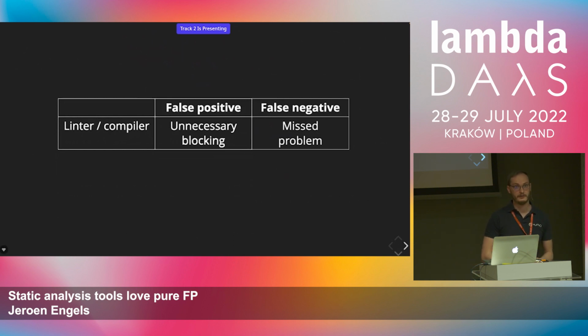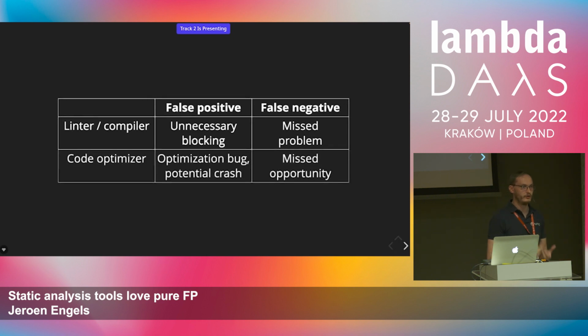That's a lot less annoying than a false positive, because it doesn't block you and you don't notice it. But that is a missed problem. And in some cases, it can actually be worse. Because if you configured your tool to report instances where your code would crash, well, you want to know about those. And if you don't know, you're going to feel safe when you shouldn't.